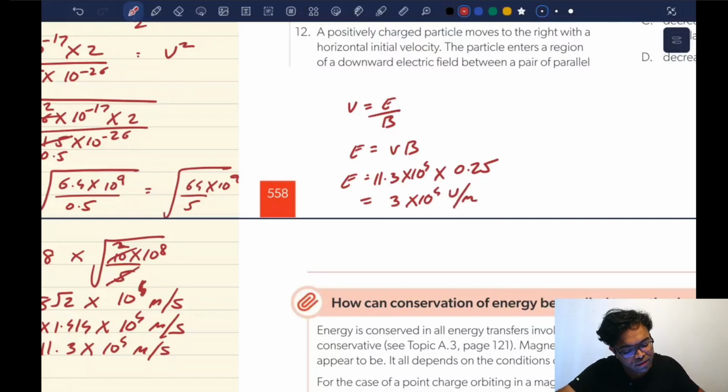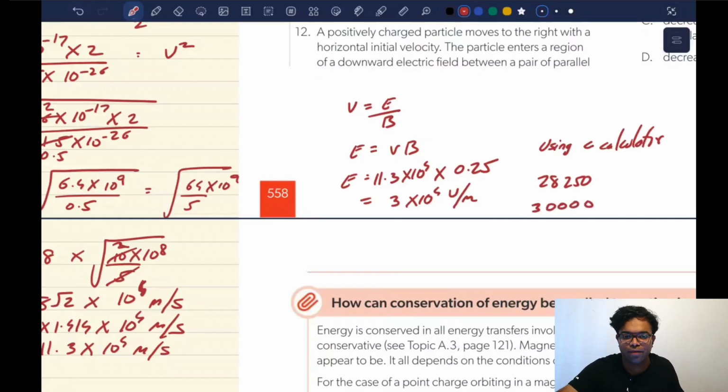Using a calculator, what are you getting? 28,250. Approximately, I got 30,000. Okay, they are approximately the same.